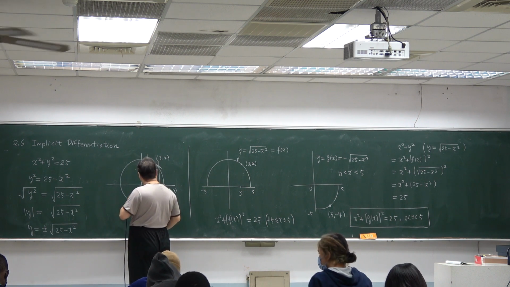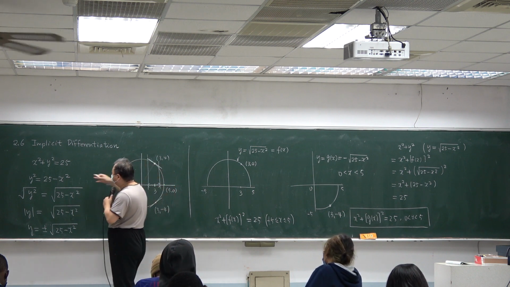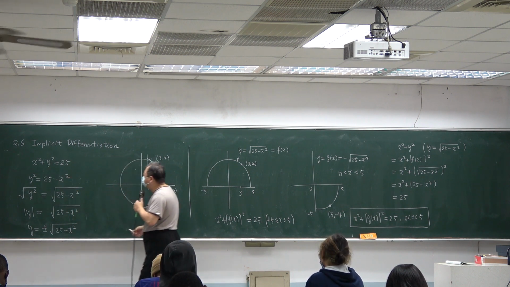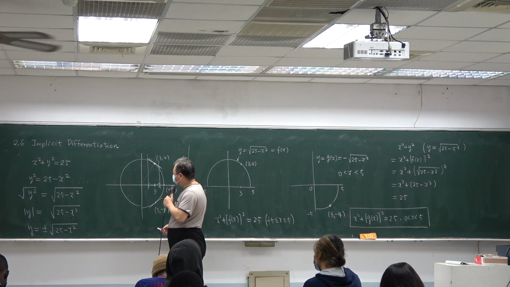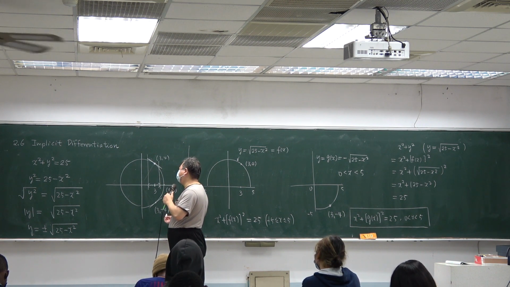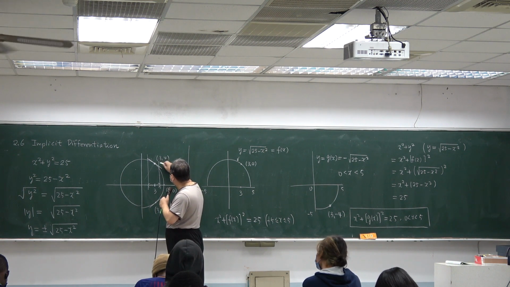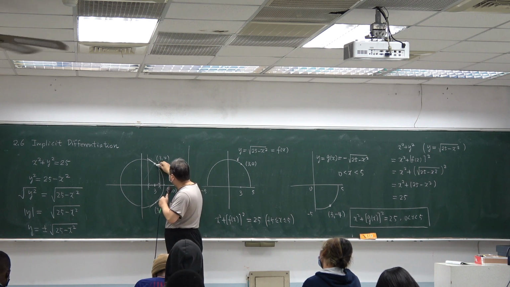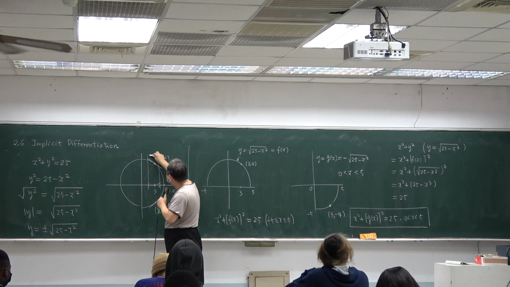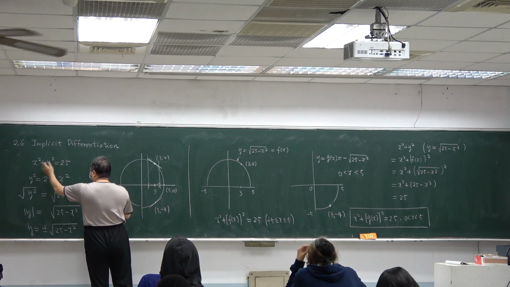when, how to say this, when given some point on this curve, nearby this point, in some neighborhood of this point, we may regard y as a function of x.